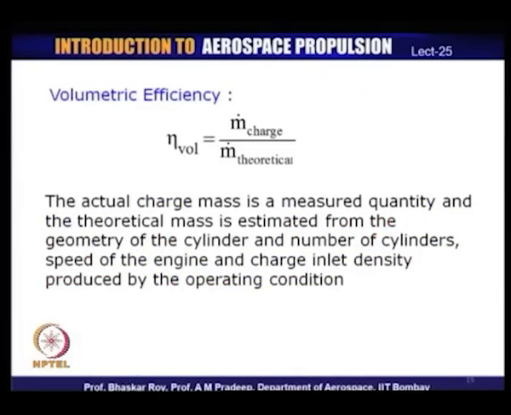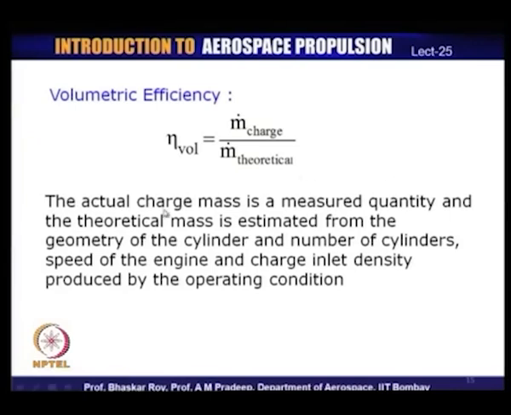Volumetric efficiency is simply defined as the charge that is actually coming in, or the charge that is now available, divided by the theoretical charge which we assume to be effective in the cylinder. So, the ratio of the two is the volumetric efficiency.